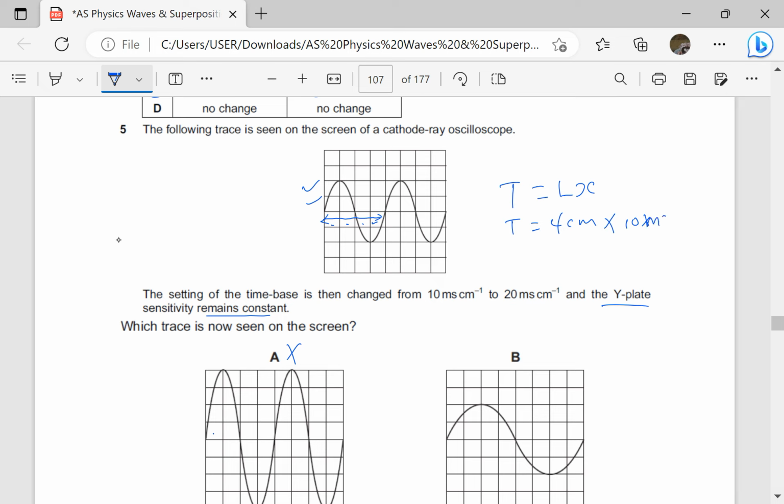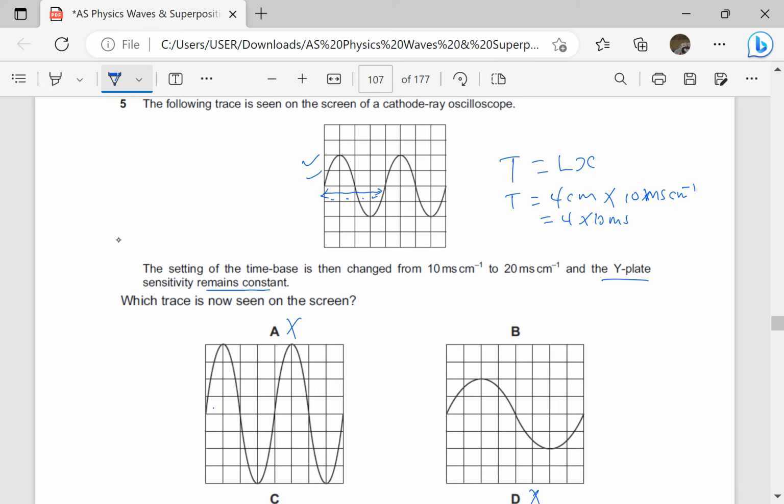10 milliseconds per centimeter. So it means the period is represented by 4 centimeters, or 4 times 10 milliseconds. That is the period. Now we are going to change this.